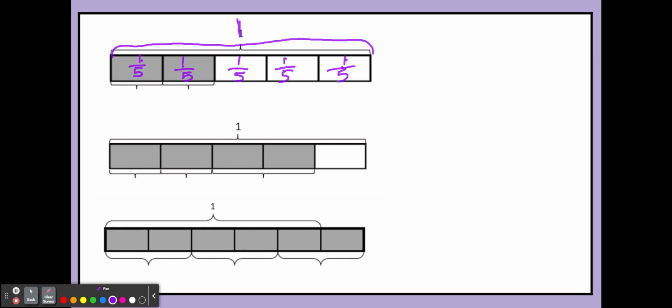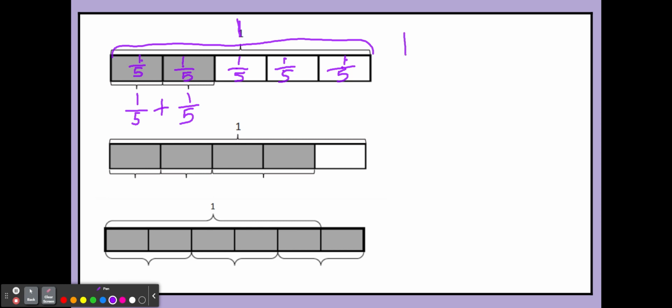Okay, where they're shaded in is only 2 of those. So this would be 1/5 plus 1/5. And these are not shaded in, so they're not part of the numerator, the top number.